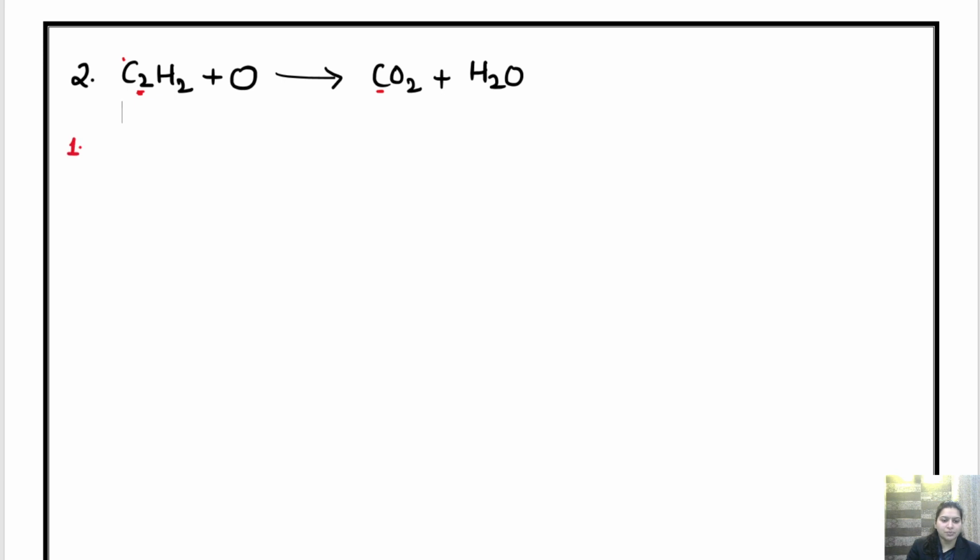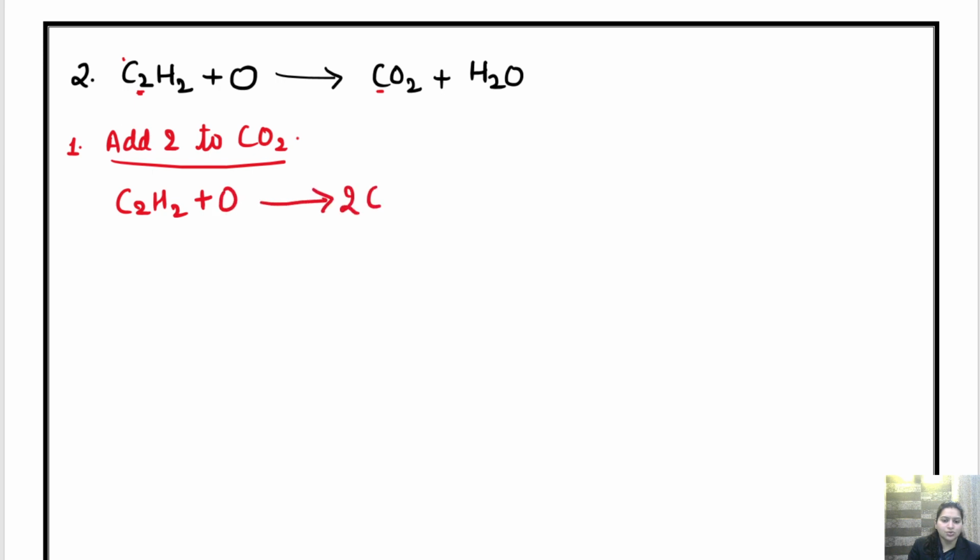So first step is add 2 to CO2. So what it will be? It will be C2H2 plus O will give you 2CO2 plus H2O. तो कार्बन तो बैलेंस हो गया.